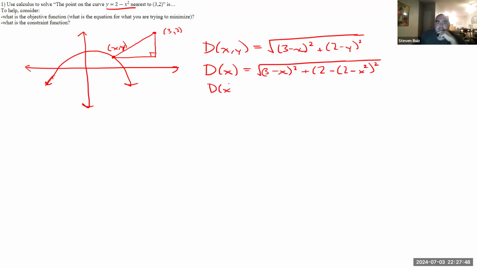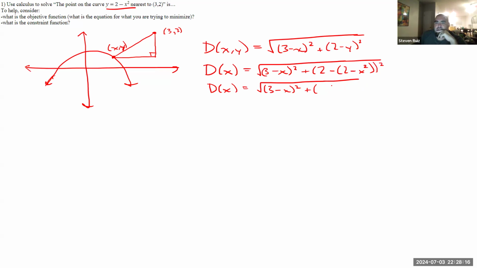Let's clean this up a little bit. D equals the square root of (3 minus x) squared plus (2 minus, hold on, that's where it should be, out here, right? That's going to make things a little easier.)